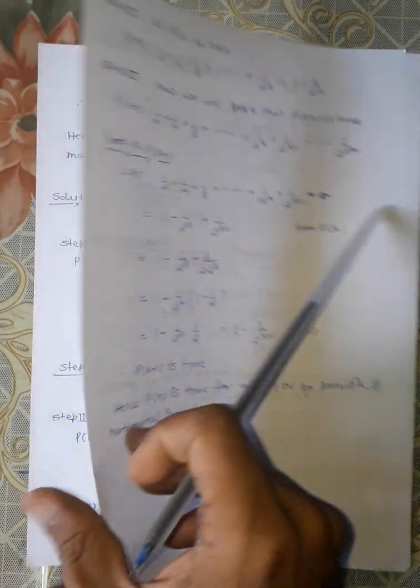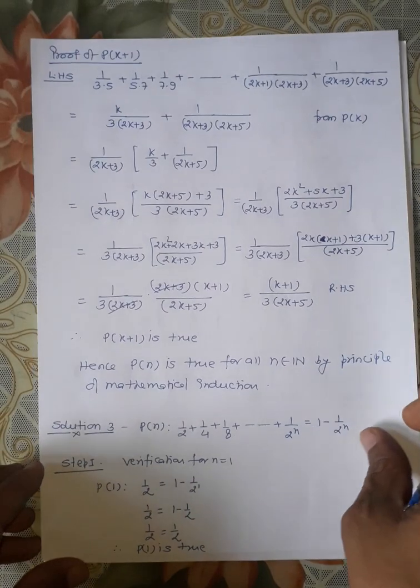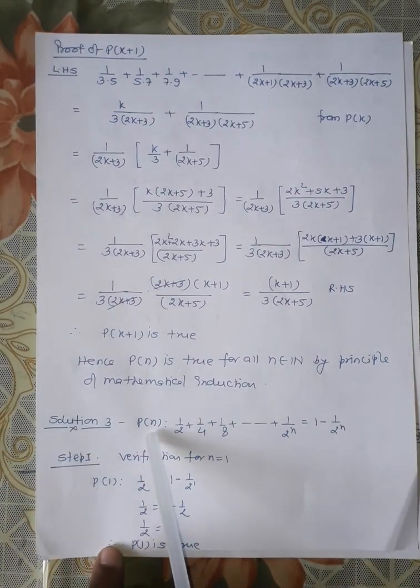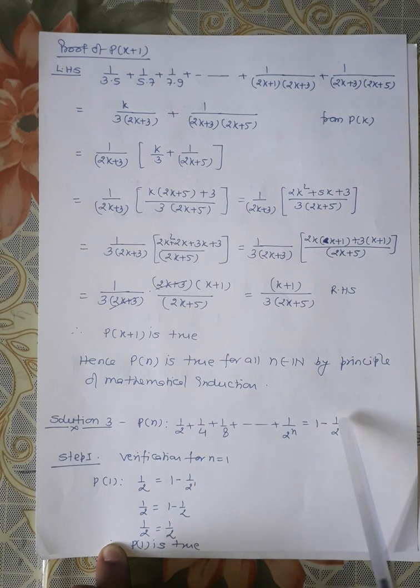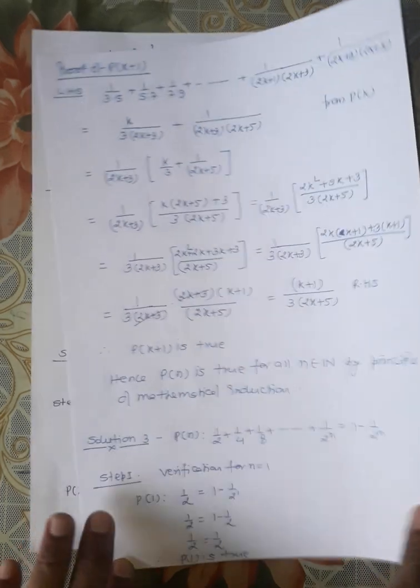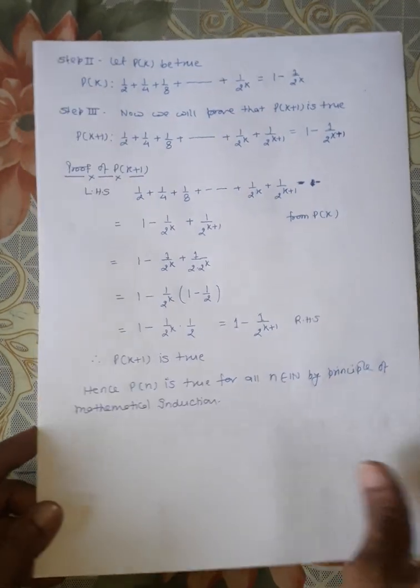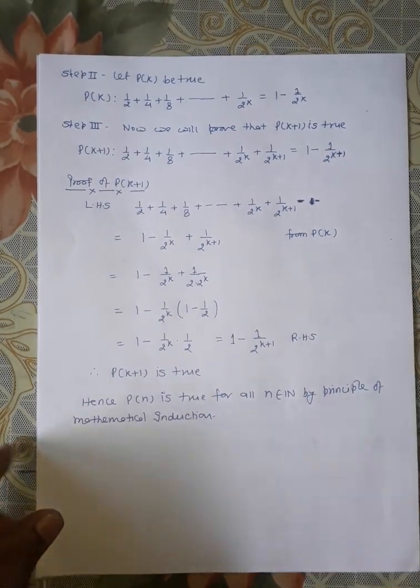So what is our Pn? You see, in place of n we will write k plus 1. So Pk plus 1 is equal to, here 1 upon 2 to the power k plus 1, and the right hand side also 1 minus 1 upon 2 to the power k plus 1. So that we have written here.